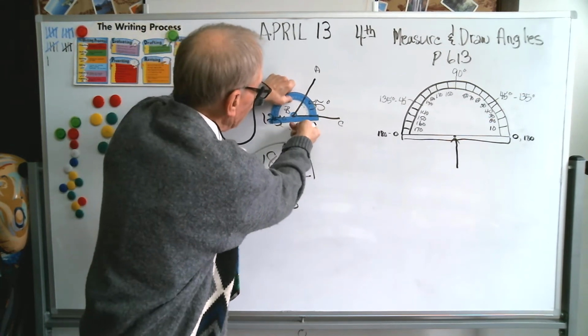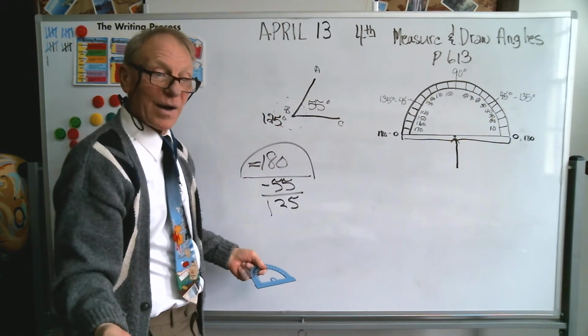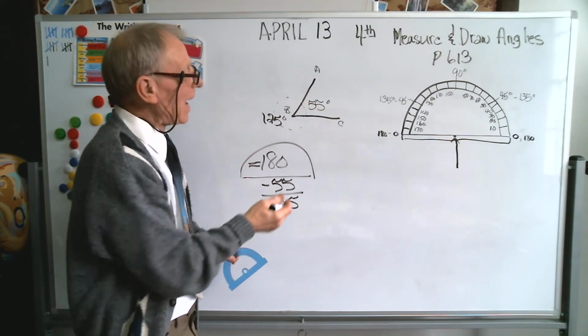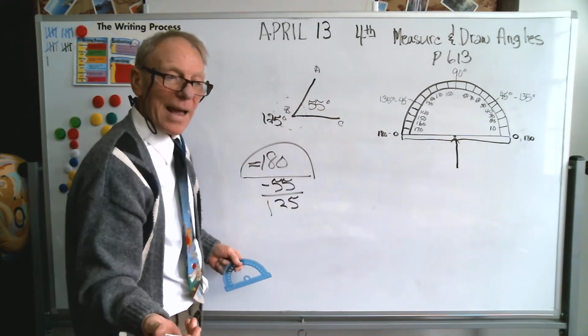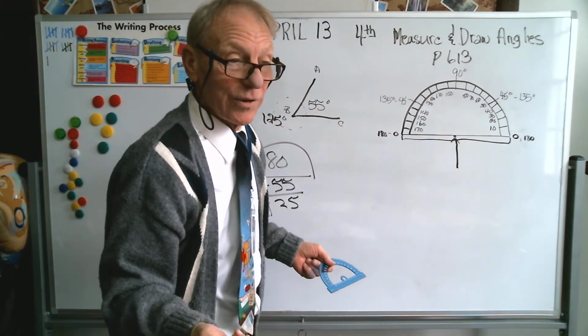So there you have it. So now I know that's 125. I can subtract that from 180, and I can discover the missing angle on the inside just by doing math. 55 degrees. Now, how cool is that?